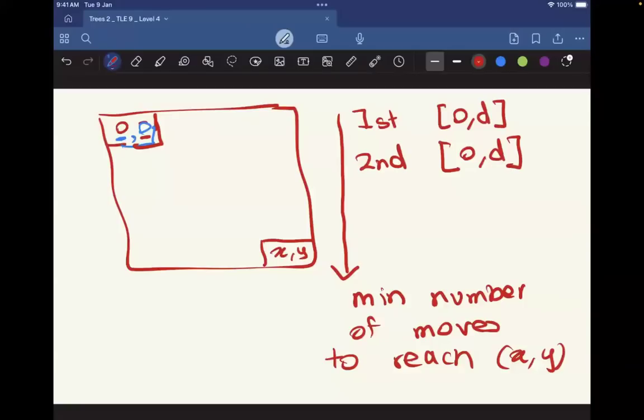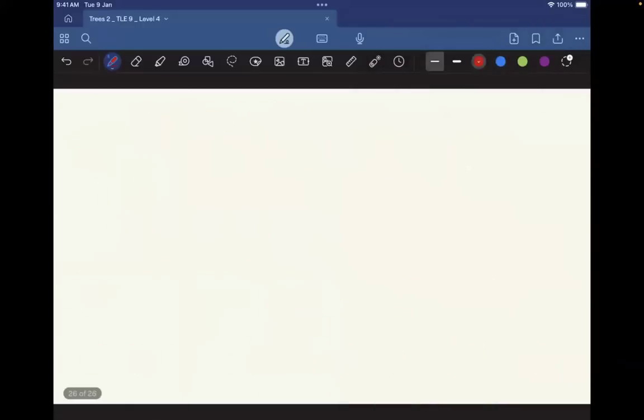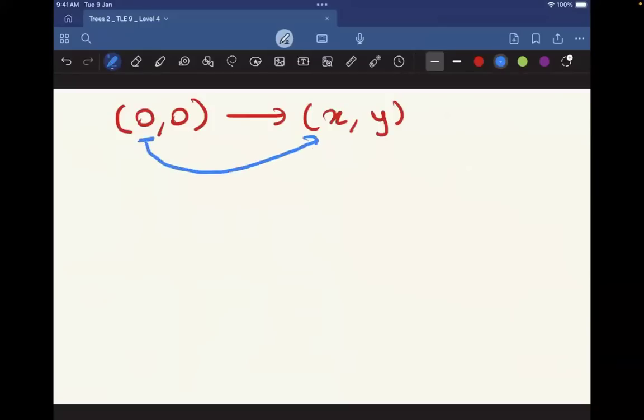Now, let's solve for each case separately and have a look. So guys, from 0, 0, we want to reach x, y. All right. Do you agree that in the x direction, I will have to go X steps ahead? Yes or no? Yes. So do you agree that I will keep subtracting?